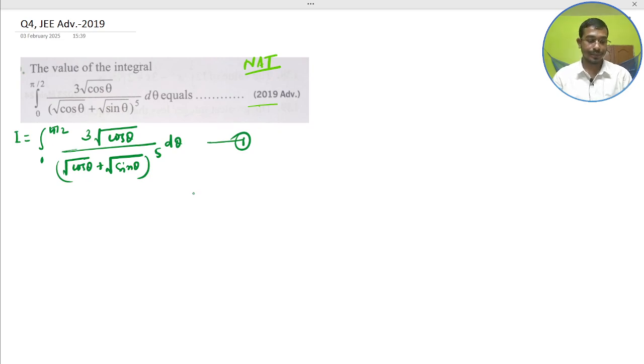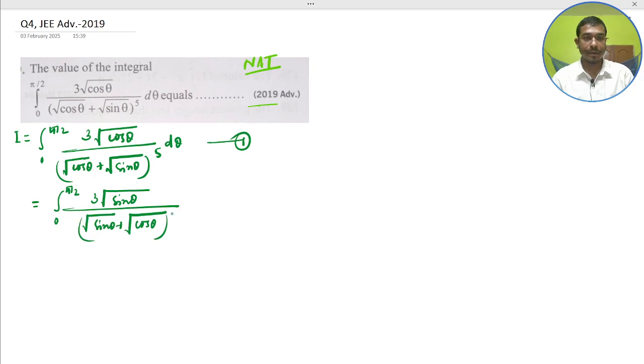Same thing we will do here. Use the shifting property, 0 to a fx dx equal to 0 to a of f(a minus x) dx. So it would become 0 to pi by 2 of 3 root sin theta divided by root sin theta plus root cos theta to the power 5 d theta. This is equation number 2.